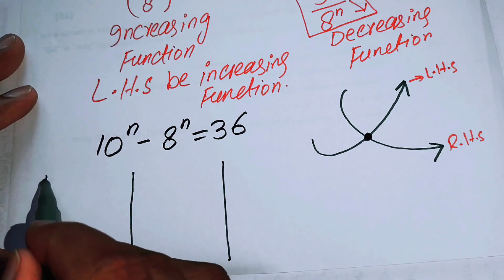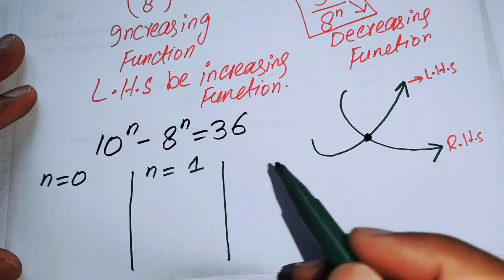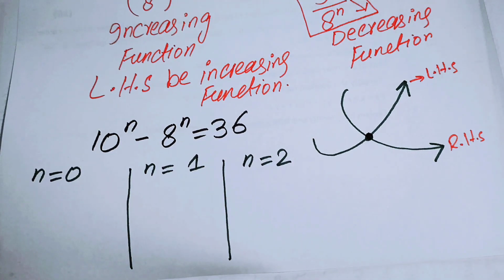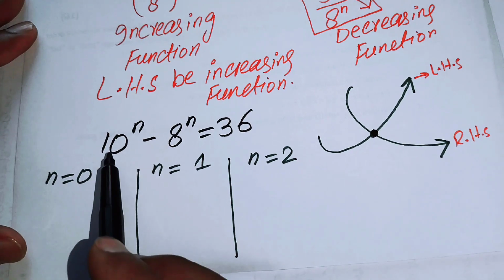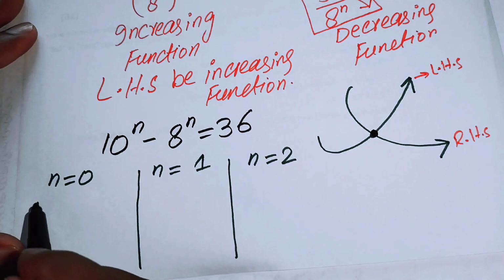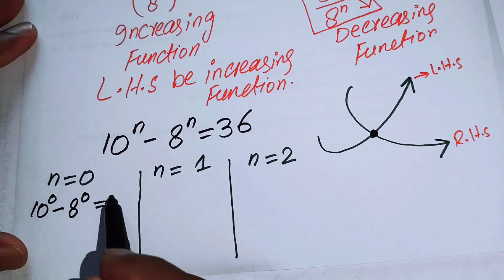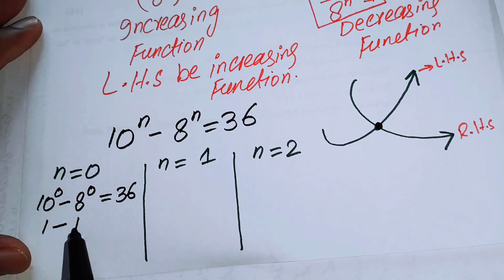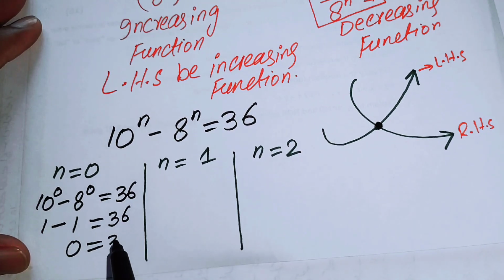First I can put n equals 0, then n equals 1, and after that check n equals 2. When you check n equals 0, we have 10 to the power of 0 minus 8 to the power of 0 is equal to 36, and 10 to the power of 0 becomes 1, 8 to the power of 0 also becomes 1, so 0 is equal to 36.